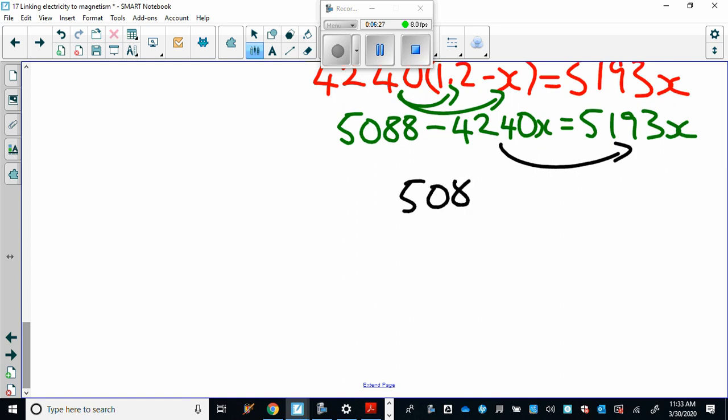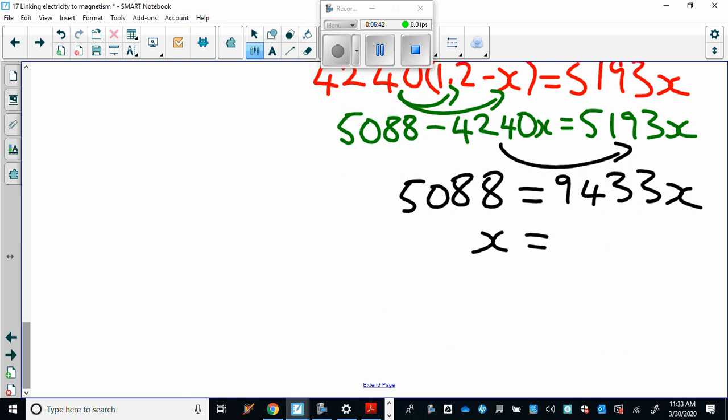So you're left with this equals 9,433x. And then you just do the division, and you end up, in this case, getting x equals 0.539, which, as you probably notice, is not the answer in the book, but that's the answer that we got for x.